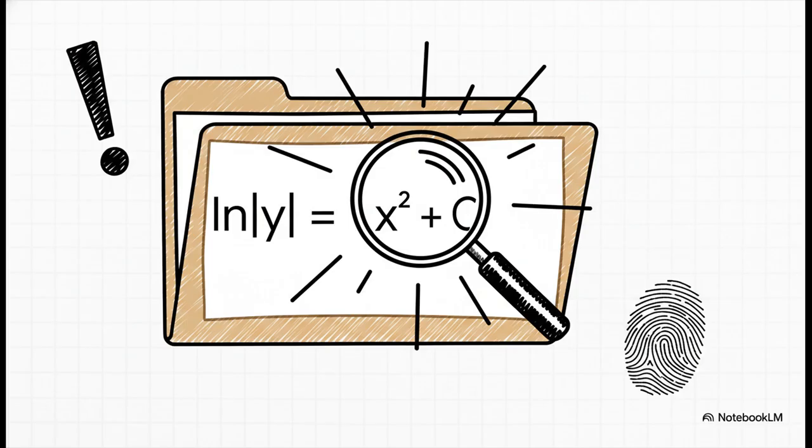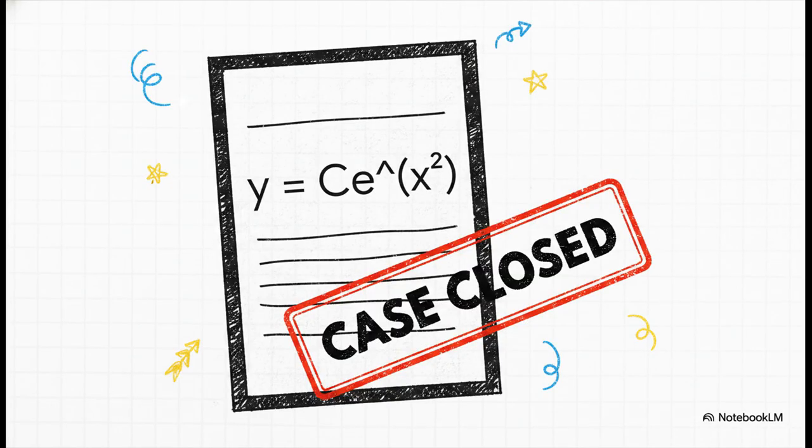We're almost there. Now, to close the case for good, we need to get y all by itself. To do that, we make both sides the exponent for the base e. That e cancels out the natural log, and it leaves us with our beautiful general solution. y equals some constant, C, times e to the power of x². And with that, case closed.